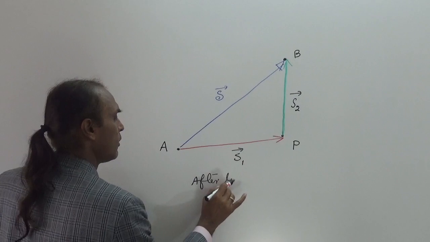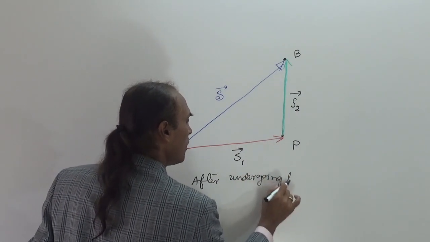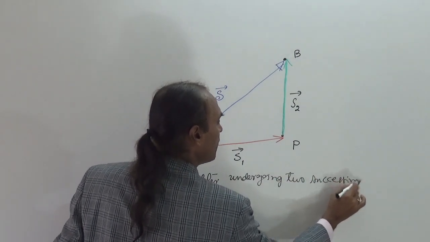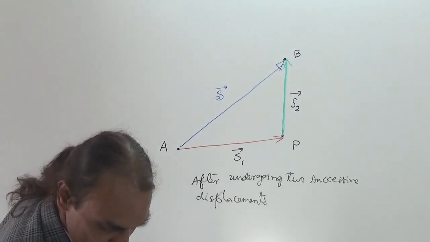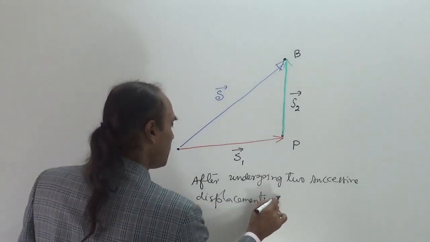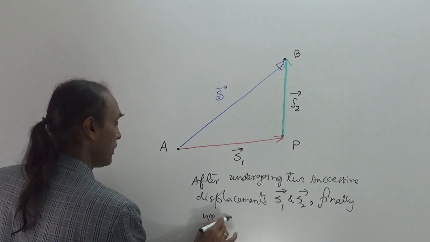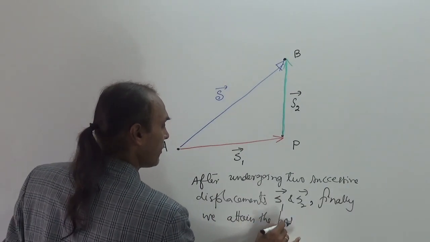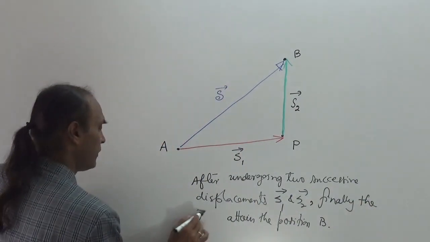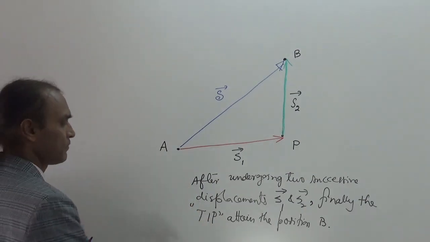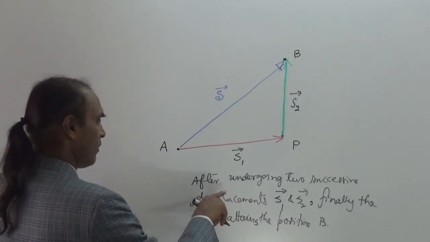So we can write: after undergoing two successive displacements, S1 and S2, finally we attain the position B, which means finally the tip of the pen attains the position B. From which point have we started?